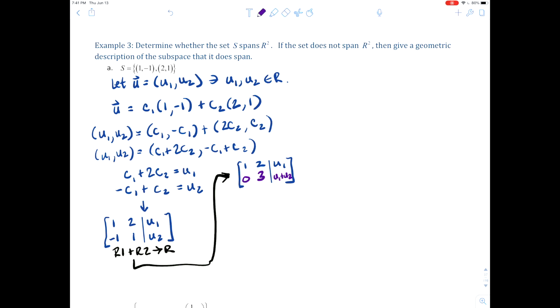So let's see what we have. Let's put this back in the system. We'll get C1 plus 2C2 is U1, and 3C2 is U1 plus U2. That gives us that C2 is equal to 1/3 times quantity U1 plus U2.